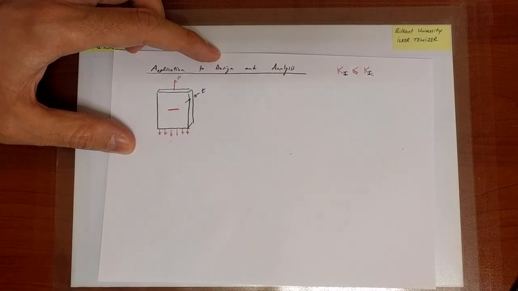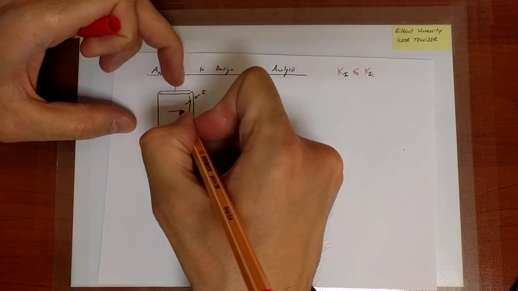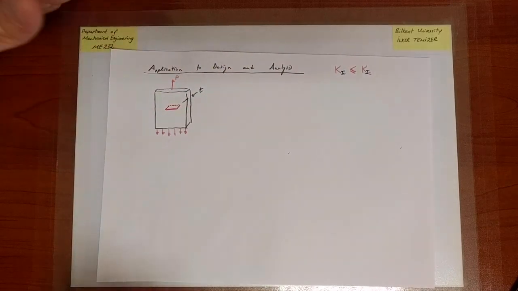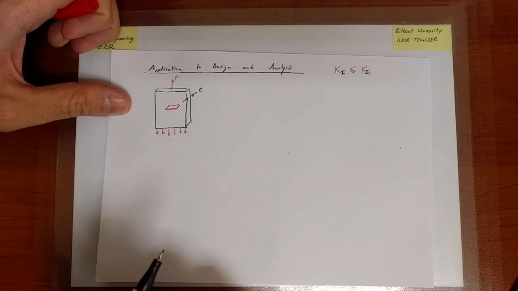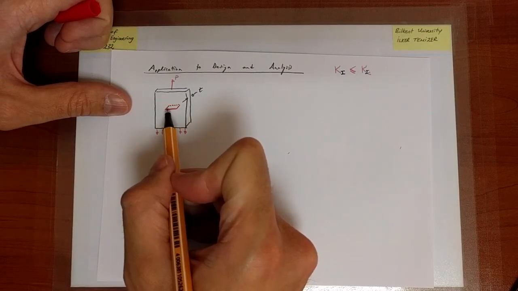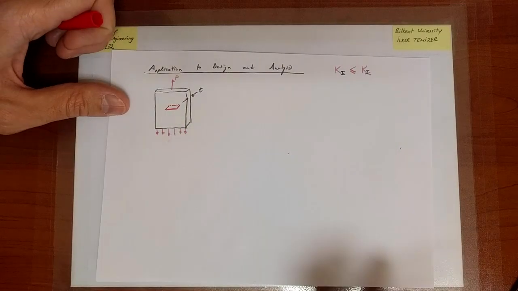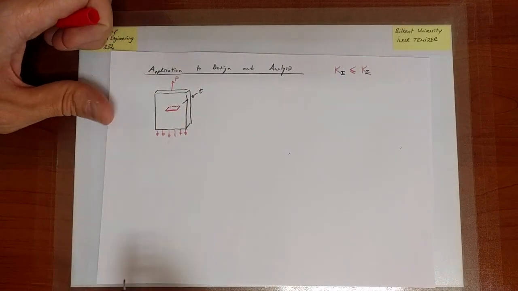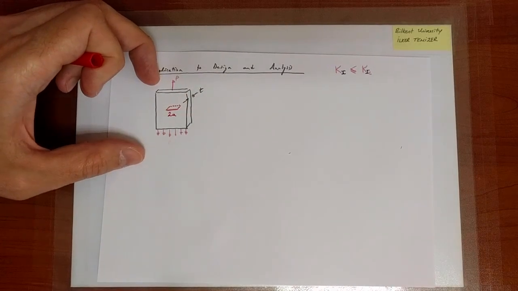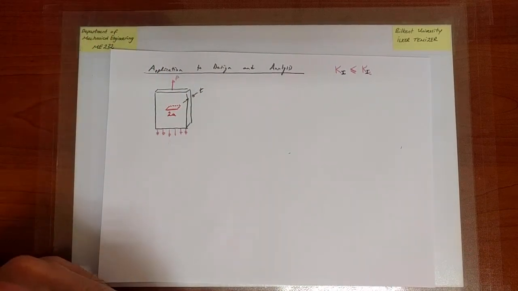So that crack is actually extending throughout the cross section. So it's a through thickness crack, that's what we call it, because there are other types of cracks. The crack does not need to penetrate through the whole thickness, but presently that's what we are assuming. And the width of this crack is 2a, or half width is a.